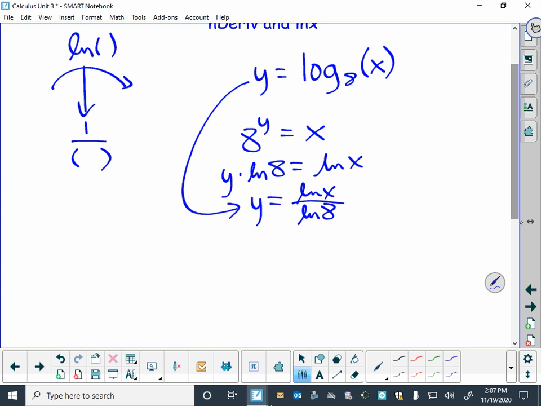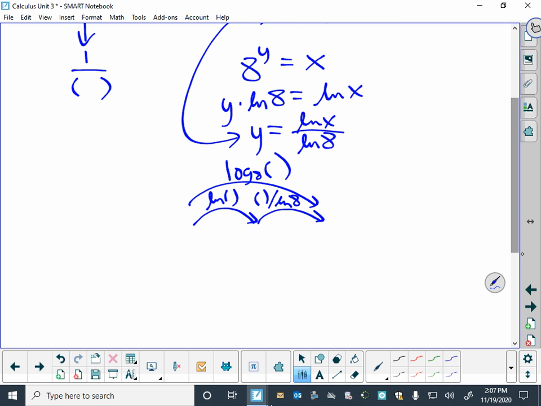So if we wanted to do the derivative of this, we could say that the log base 8 is equivalent to a two-step process of, first of all, taking the natural log and then dividing by the natural log of 8. And so if we want the derivative of that, well, our derivative of natural log we figured out was 1 over x, and this is essentially just multiplication by a constant, and the constant is 1 over natural log 8.